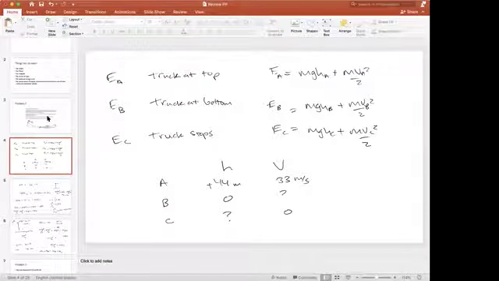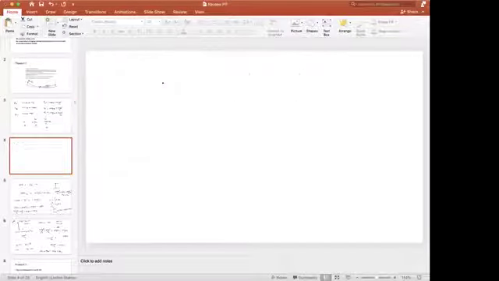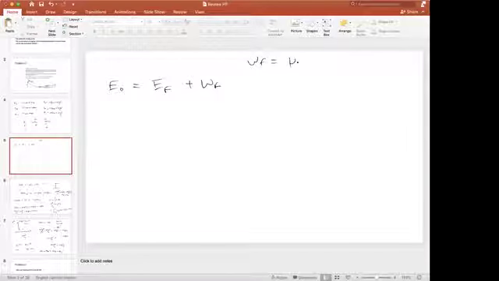Once we do this, we know that there's friction. And when there's friction, energy initial is equal to energy final plus work of friction, where work of friction has no sign. It's mu N times the distance, or the initial energy minus the work of friction is E final.